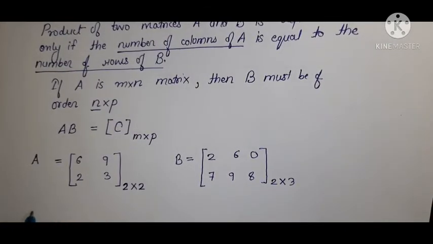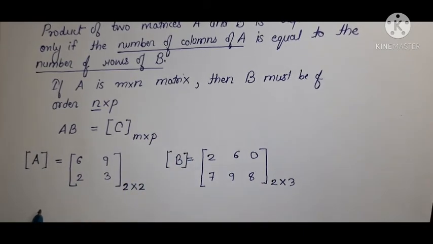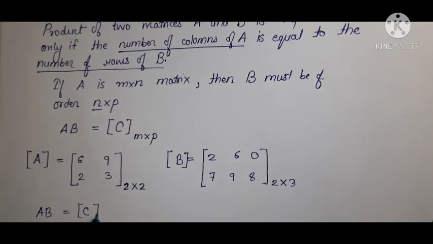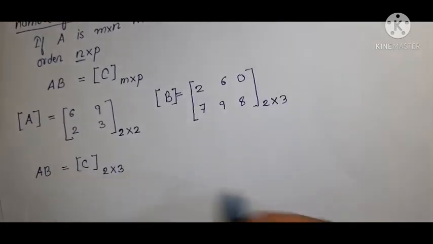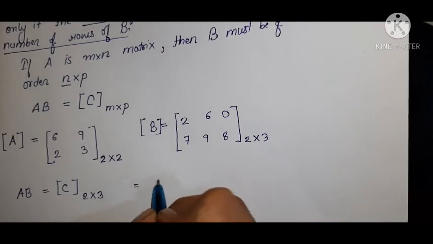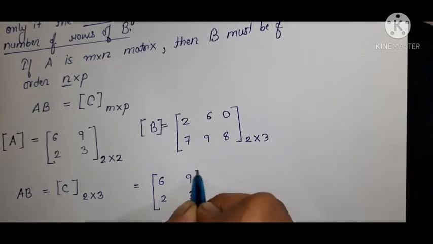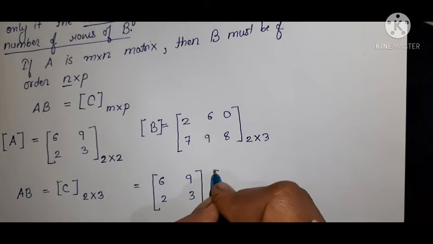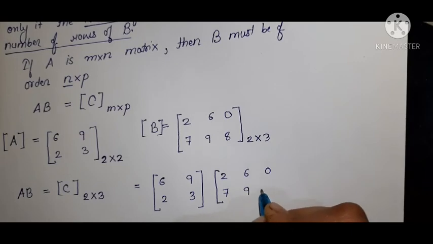Suppose the multiplication of AB is C, so your C will be of order 2 by 3. So now how do we multiply? Just write 6, 9, 2, 3 and then 2, 6, 0, 7, 9, 8.